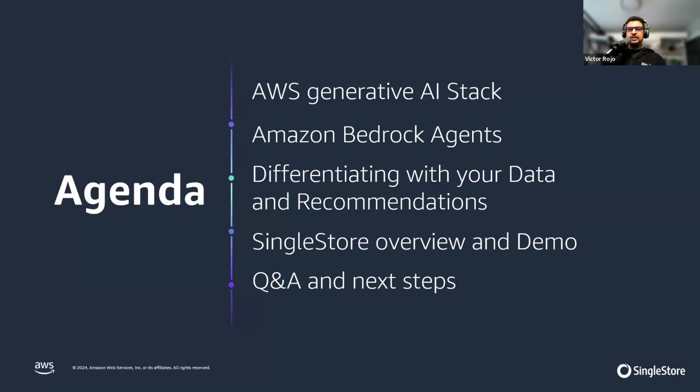Data is one of the most important things that brings value to your applications. An application using just a generic large language model or foundation model is okay. But when you introduce your data at different levels of patterns or customization, which I will also introduce and show how we see that at AWS, that will make a difference.